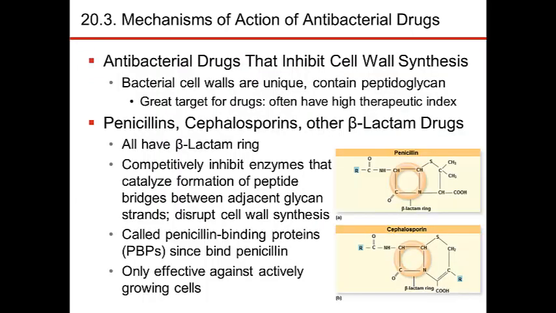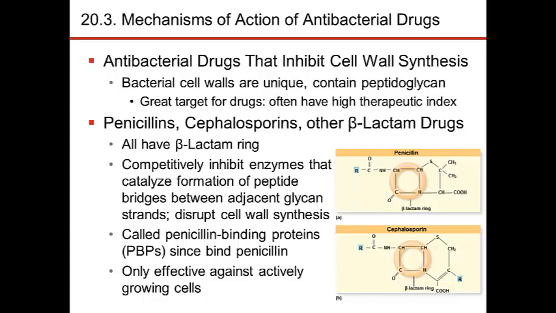Let's begin with antimicrobial drugs that affect the bacterial cell wall. Active cells must constantly synthesize new peptidoglycan and transport it to the proper place in the cell envelope. Some drugs react with one or more of the enzymes required to complete this process.